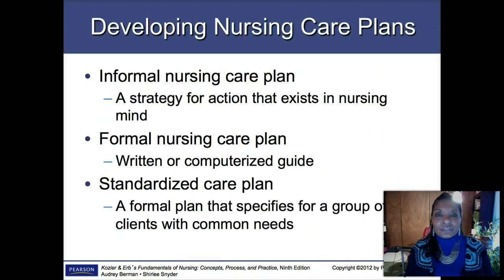And then there are different kinds of care plans, and this is just good information. We know that some are written and some are computerized. Some facilities have standardized care plans, but you are still held accountable by Joint Commission to individualize them.